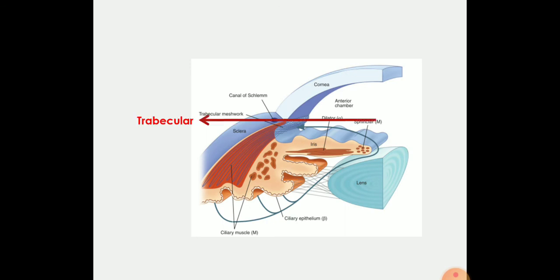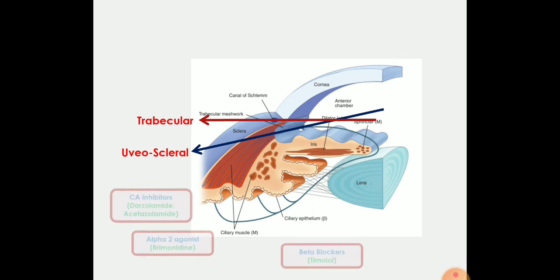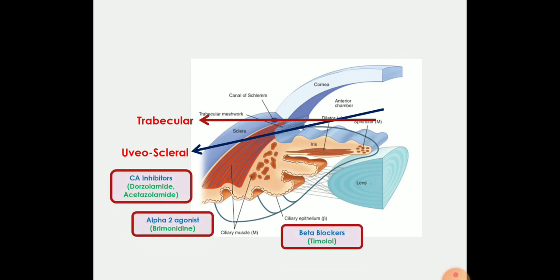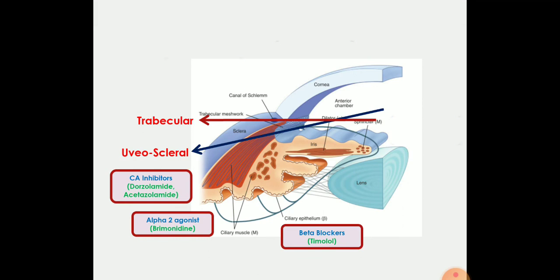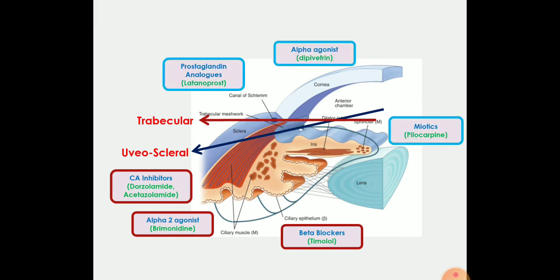So let's check how these things happen in the human eye, the trabecular outflow and the uveoscleral outflow. Look at the different drugs which are acting at different places.